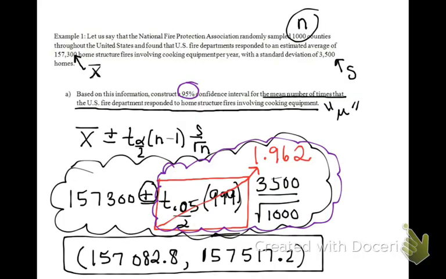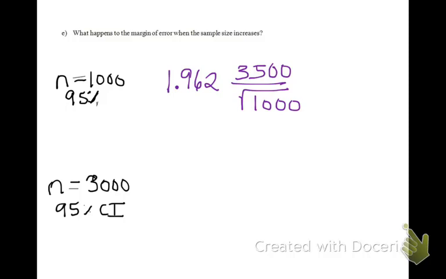Coming back a few pages, here's the n of 1,000, here's the 95% confidence interval, and we already circled the margin of error. It was right here. So let's just go ahead and record that again. So the margin of error was 1.962 times 3,500 over the square root of 1,000, which is approximately 217.